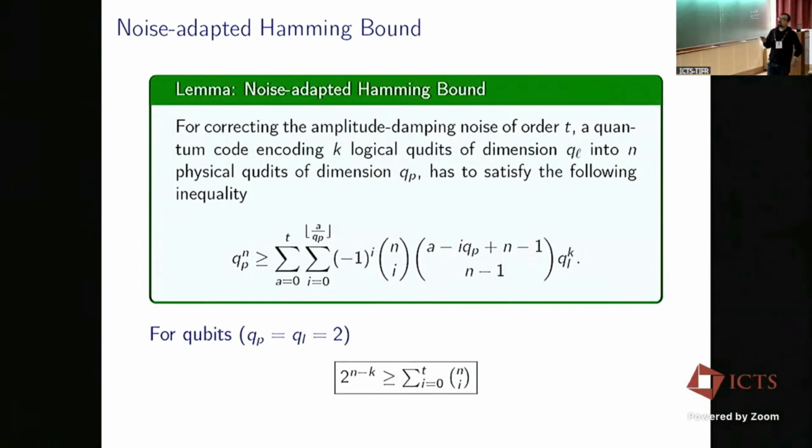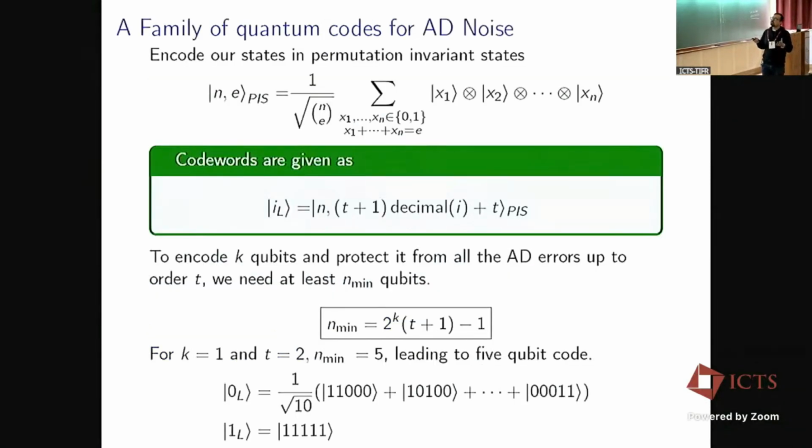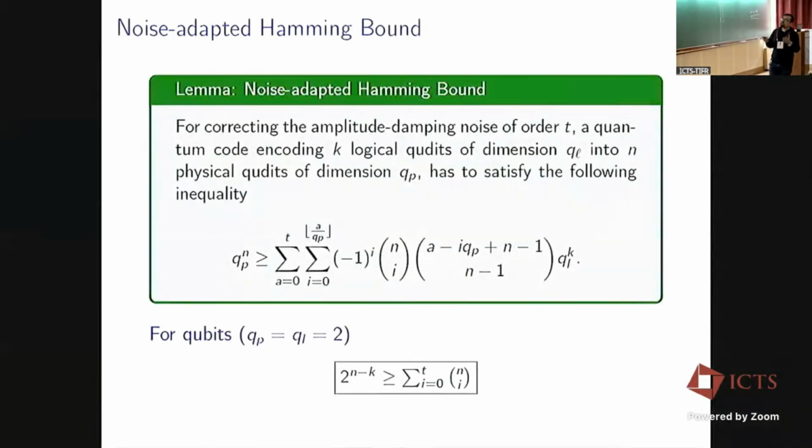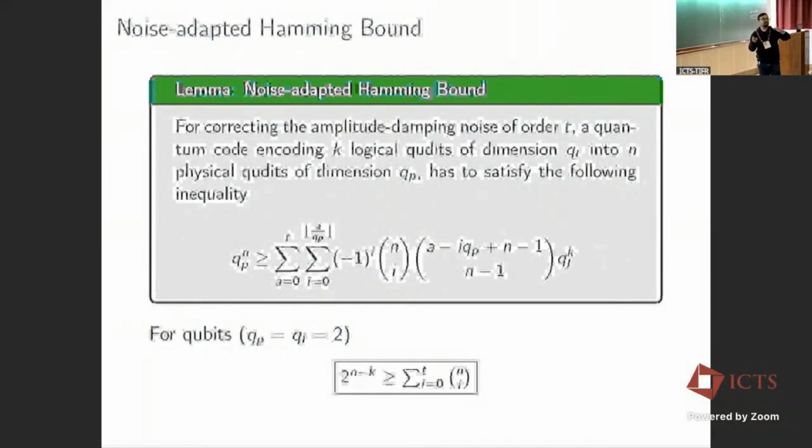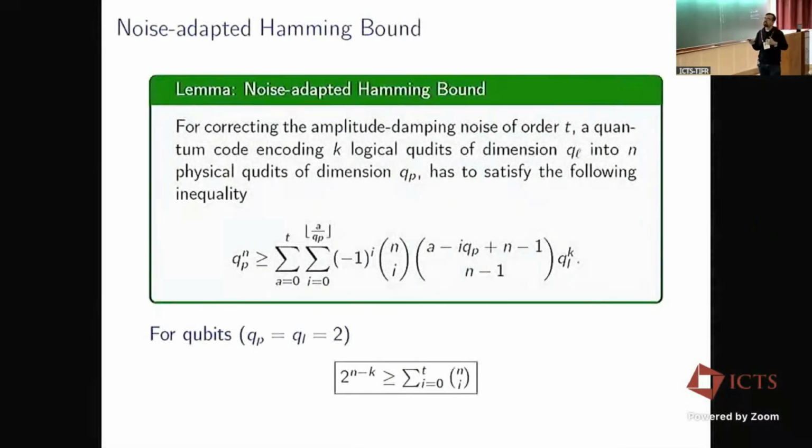To prove the optimality, we introduce a noise adapted Hamming bound. I know everyone is familiar with the Hamming bound; it gives a bound on the minimum resource you need to do error correction. If you are encoding n qubits of dimension qp to k logical qubits of dimension ql, and you want to correct t order of amplitude damping, this is the inequality that will give you the bound for the minimum resource you want.